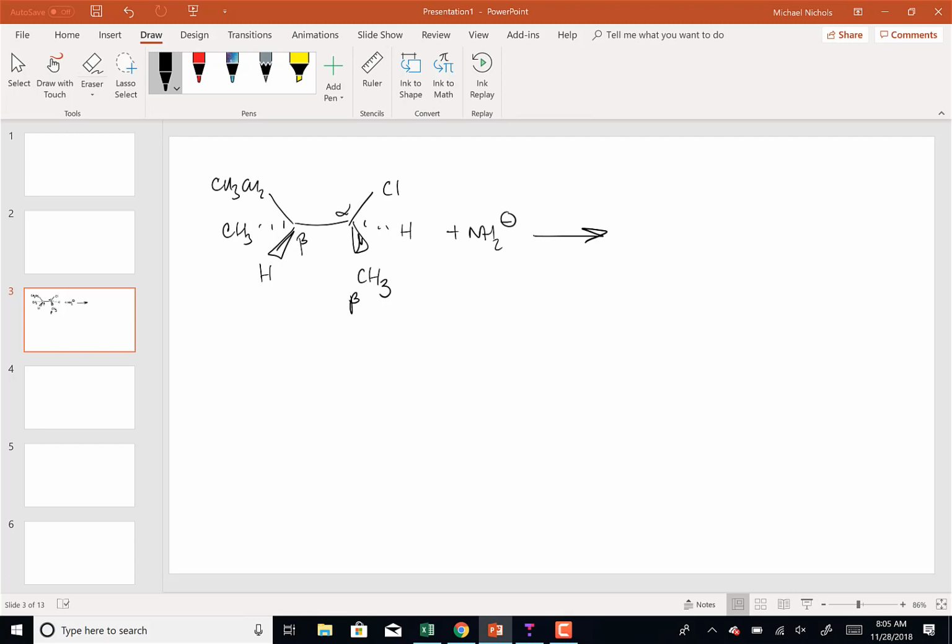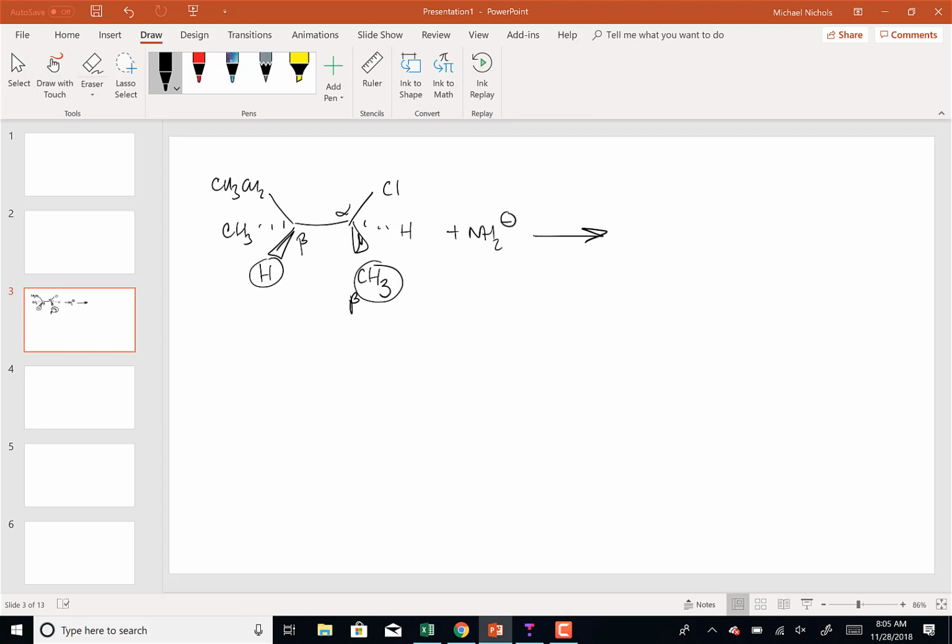In a ring, if it's cis to the leaving group, it can't be removed. So identify your alpha and beta carbons and then look at the potential beta hydrogens that can be removed. So in this case, we have this beta hydrogen and we have one of those 3 beta hydrogens, and they can all be removed.